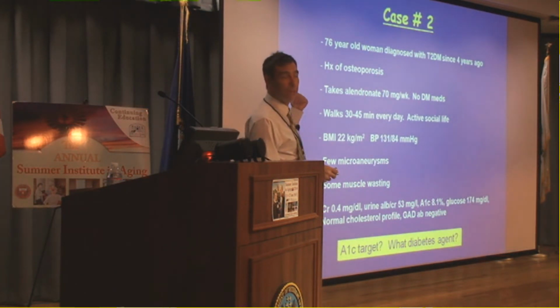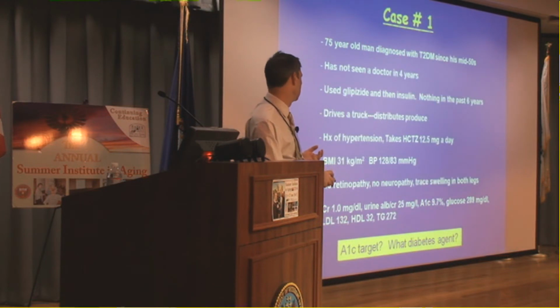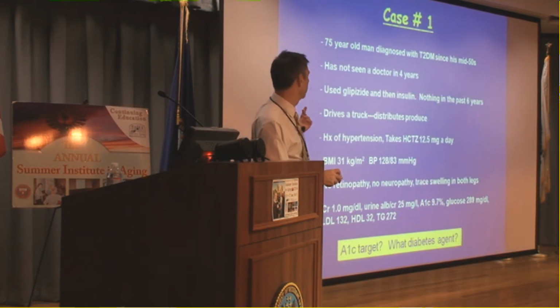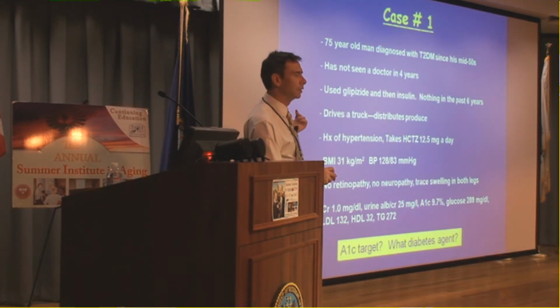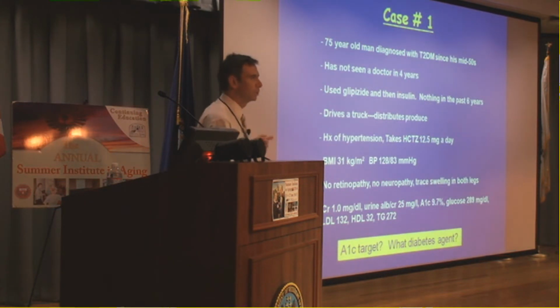I'm sorry, in the other patient, the other things that you do want to do is control his blood pressure better and his cholesterol, and certainly ask him to see a dietitian and do exercise. What was his blood pressure, 127 over something? 128 over, it's a little high. You want it probably less than 120 and less than 80, just a tad high for a person with risk factors.